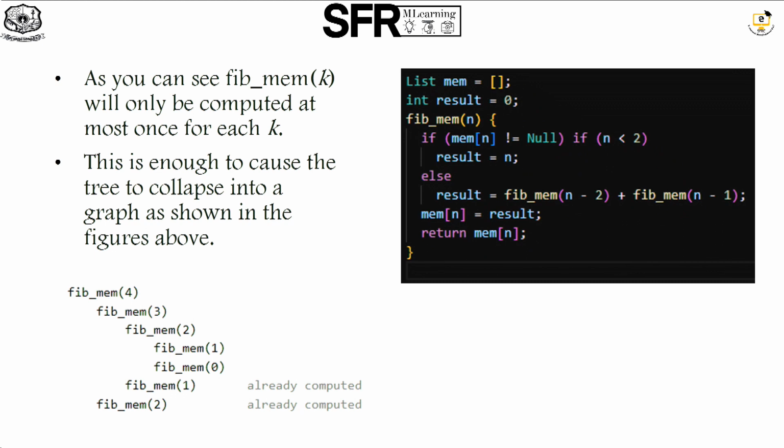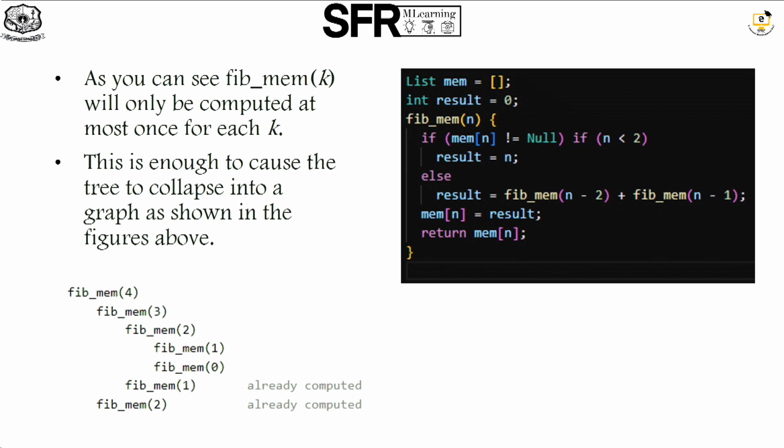If n is less than 2, return the n value, else we call it recursively: fib of mem, n minus 2 plus fib of mem, n minus 1. Finally, the result will be returned. This is enough to cause the tree structure to collapse into a graph as shown in the figure: fib of 4, fib of 3, fib of 2, fib of 1, fib of 0.